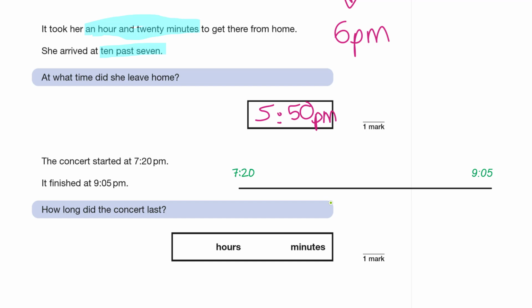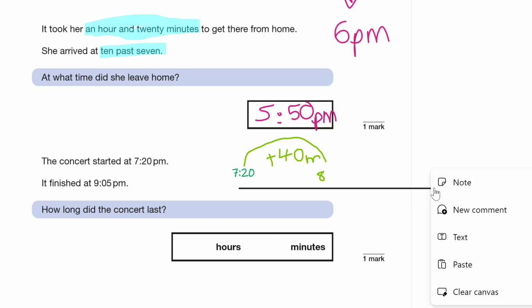So from 7:20, what I would do is I would go to 8 p.m. first. So 7:20 to 8 p.m. Well, that is 40 minutes. And I'm going to write M. From 8 o'clock, I could now go to 9 o'clock.